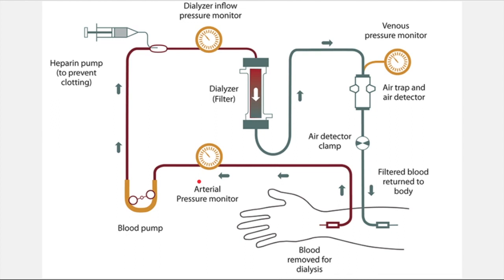This provides a guide on the needle placement and if there are any kinks or obstruction, as the rate here would easily change. So this keeps the flow at the right rate. So if there's any problems within the system, the pressure on the arterial pressure will then change into abnormal numbers.